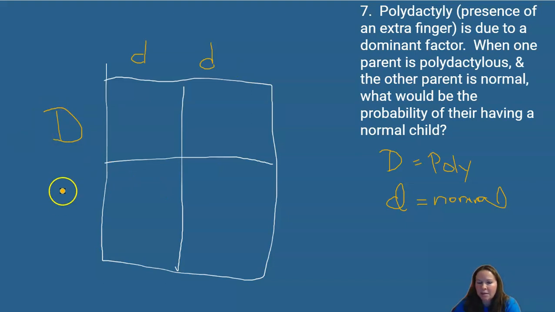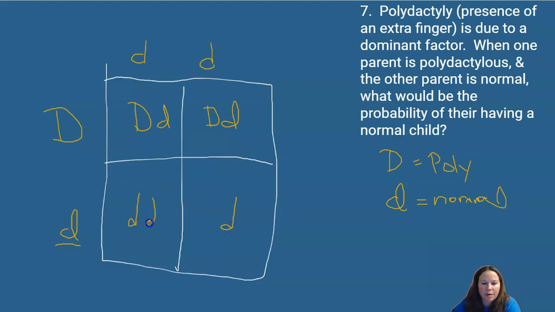That really doesn't tell us what the other letter is going to be here. Only if the other parent, who's polydactylous, is heterozygous will we get children who have the normal number of fingers.